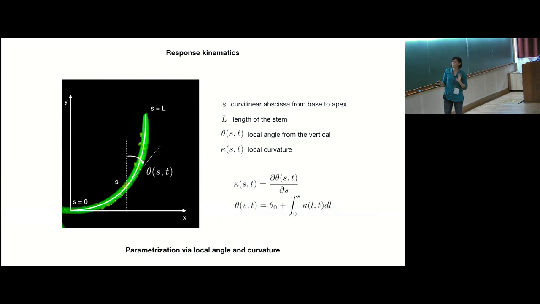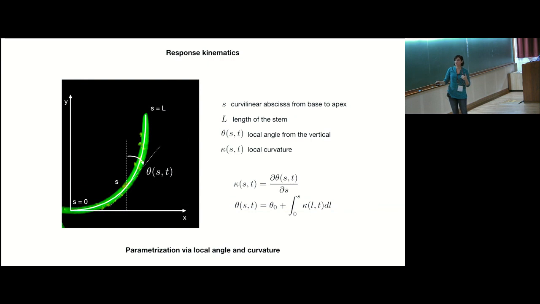First of all, if this is my organ, S is a variable that goes from 0 at the base to L, where L is the length of the organ. This just goes along the median line, and it tells me the position along the organ. And now at a given point S, I can look at the angle from the vertical, at a given snapshot, of course. And this defines this local angle.